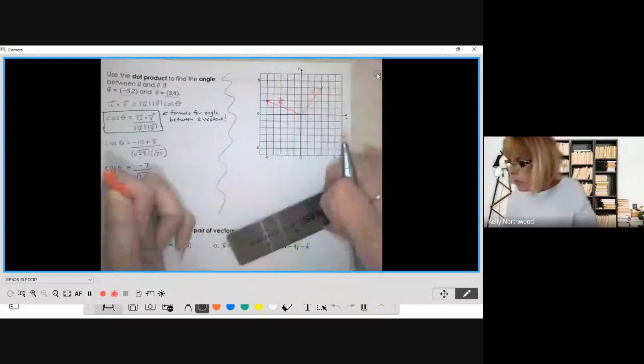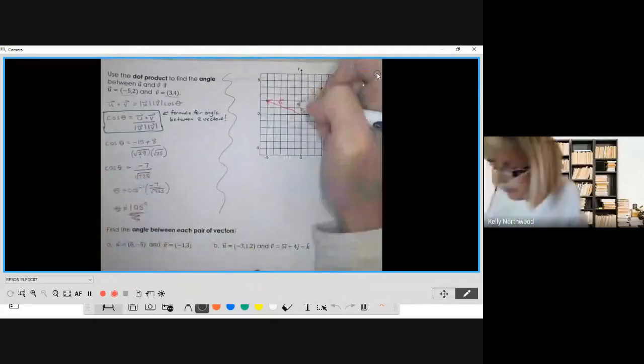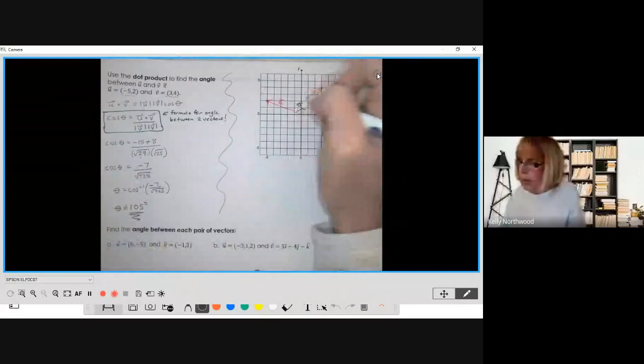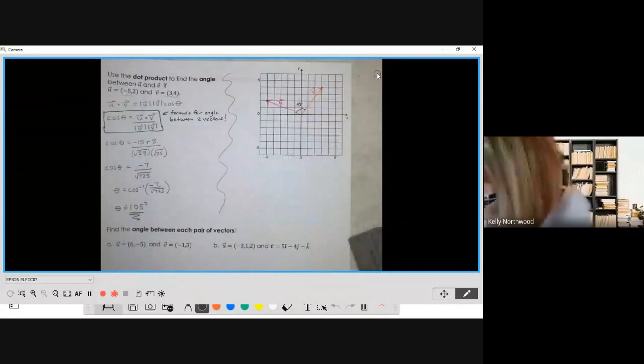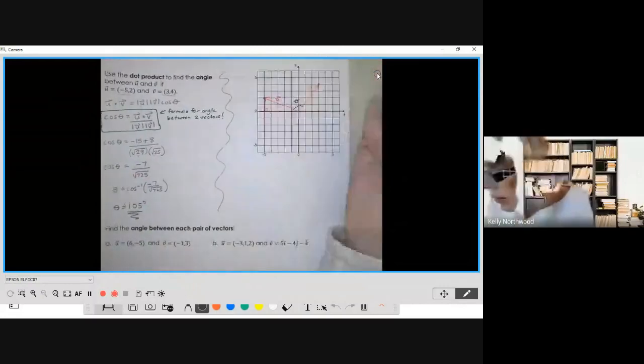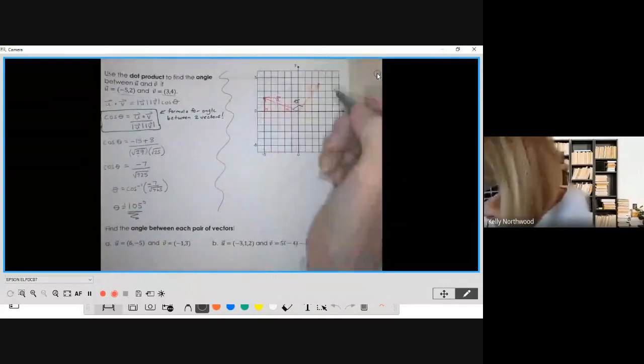And we want the angle between them when they're tail to tail right here, which is theta. But what I'm going to say we can do is find this angle here, because that makes a 90-degree angle. I'm going to call this angle alpha. We know this distance is 5 and this is 2.